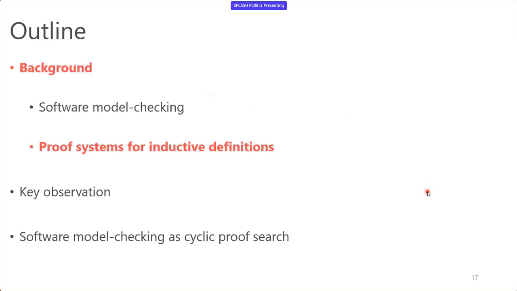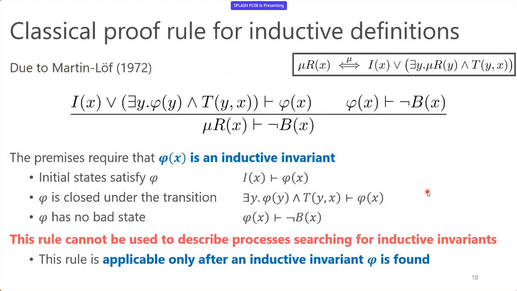Let me briefly review existing proof systems for inductive definitions. A classical proof rule for inductive definition is due to Martin-Löf. This is the rule presented by Martin-Löf, and the premises require that phi x is an inductive invariant.